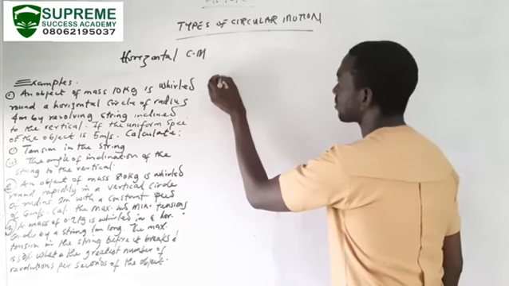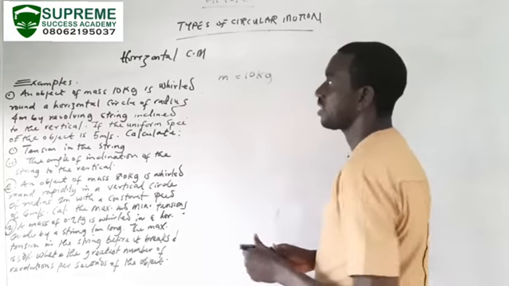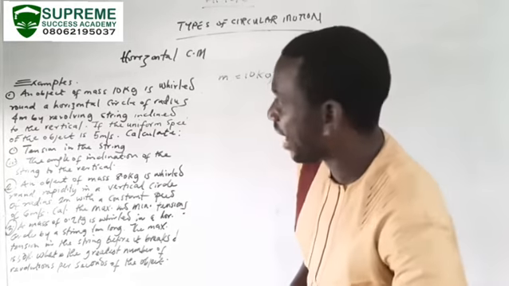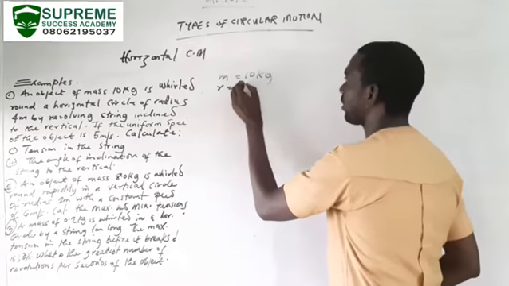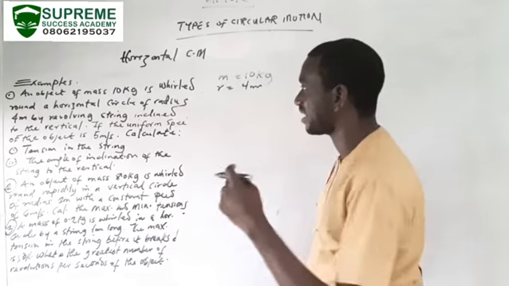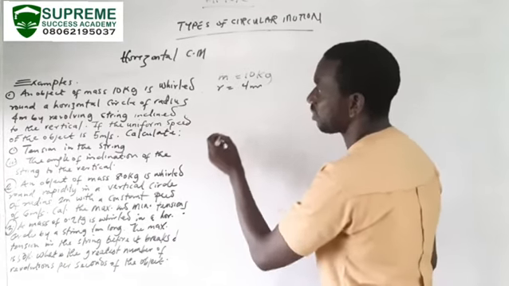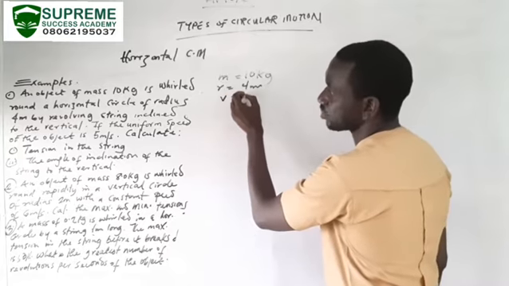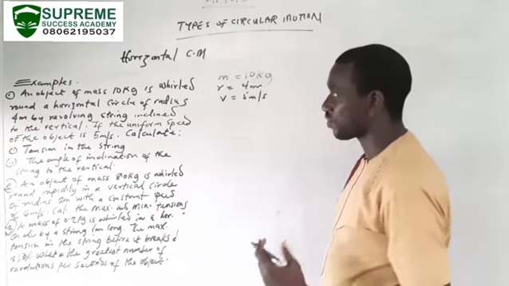So mass is given by what? 10 kilograms, in a horizontal circle of radius 4 meters, revolving by a string inclined to the vertical. If the uniform speed of the object v is what? 5 meters per second.